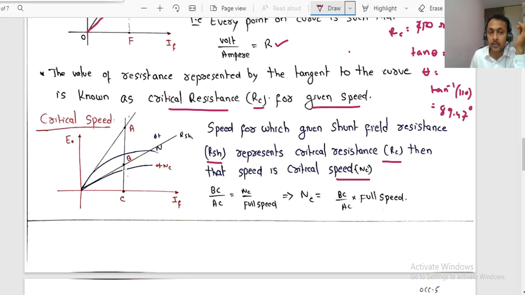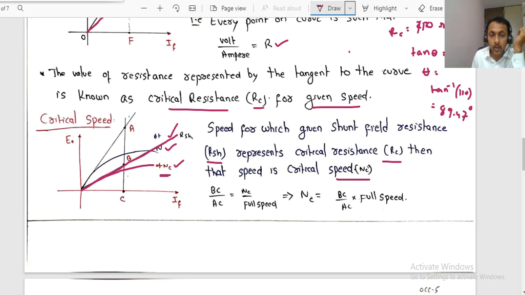At some speed N, RSH represents the field resistance line, and it is not a tangent to the curve. But the same line becomes tangent to some other OCC curve for a different value of speed. That speed represents the critical speed.